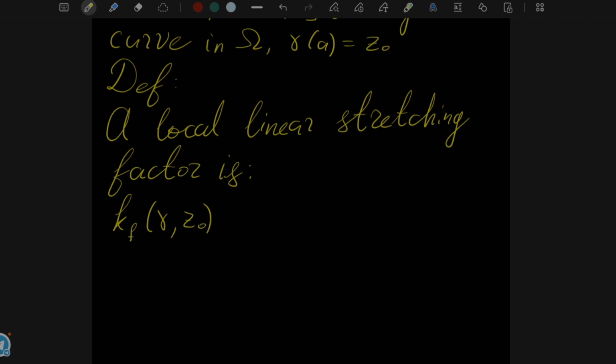It is written as k sub f of gamma and z naught, and it is defined as a limit of the absolute value of our derivative.